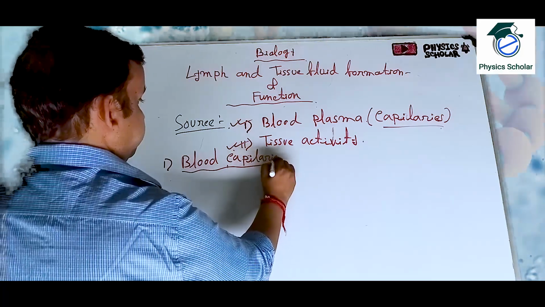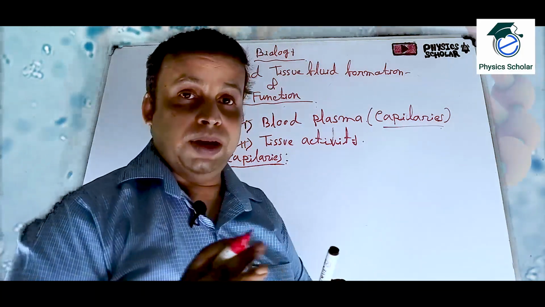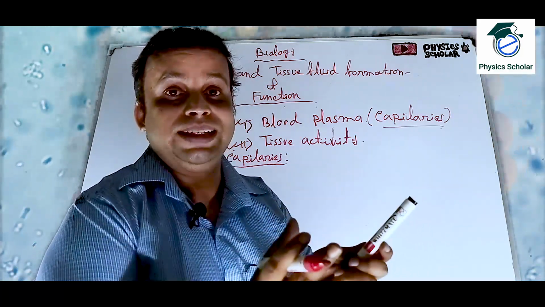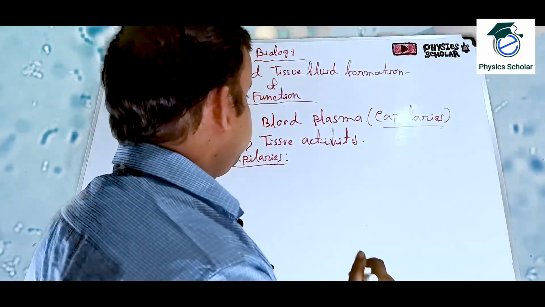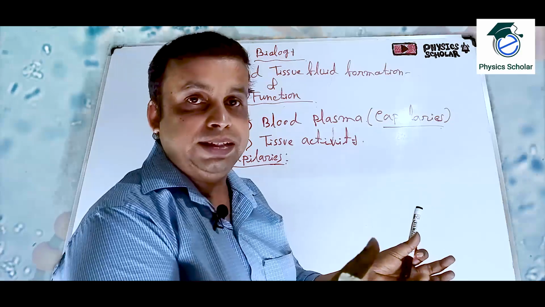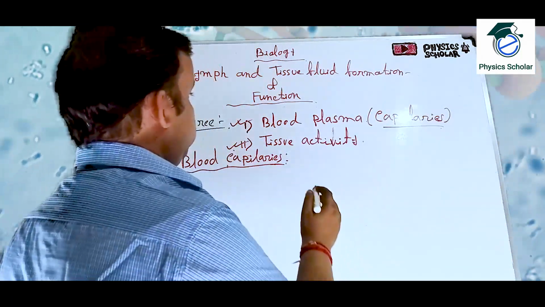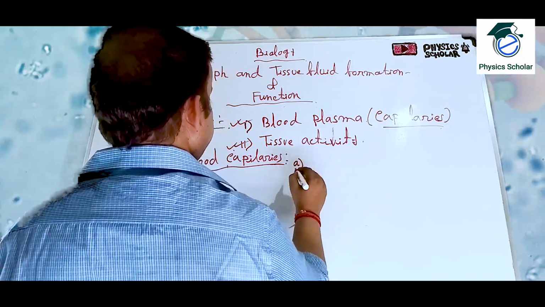What are blood capillaries? Blood capillaries are where the blood vessels have branches, where they split into branches. Two types of blood vessels are there, artery and vein. The artery will also have branches and the vein will also divide into branches.